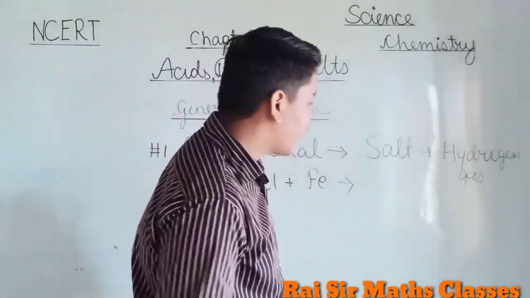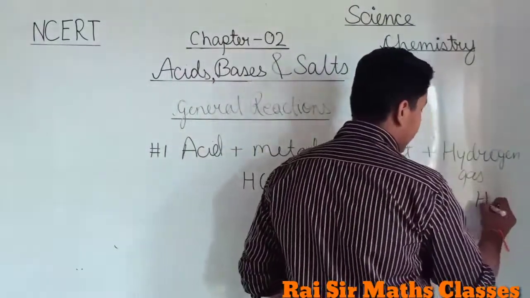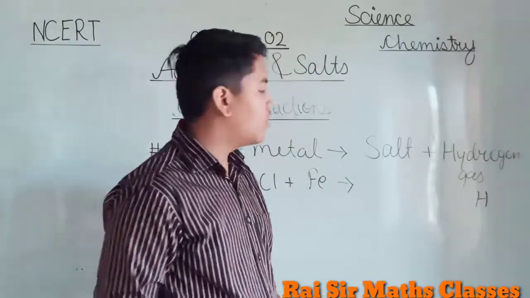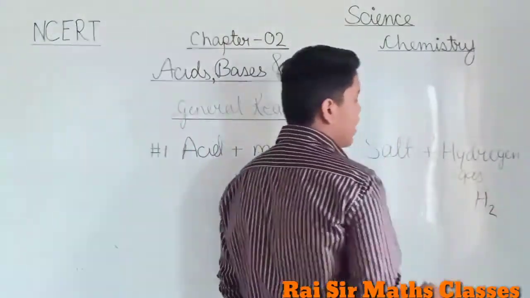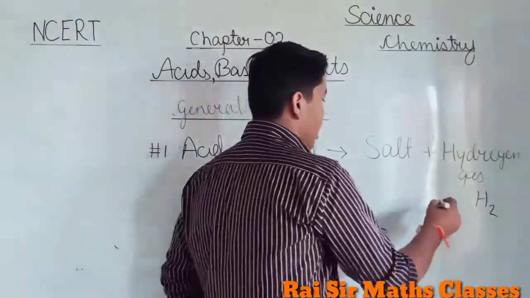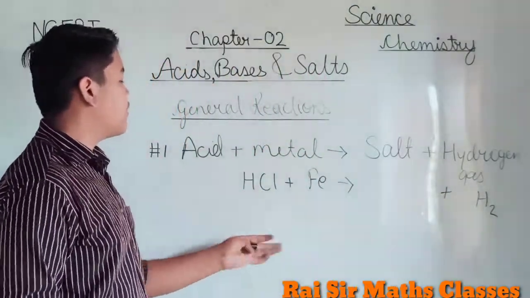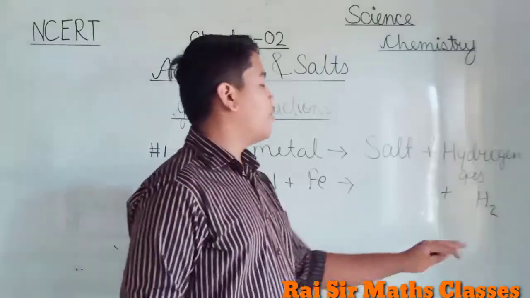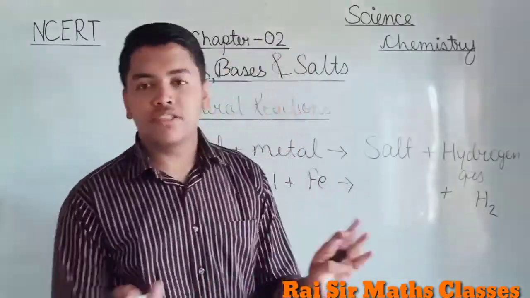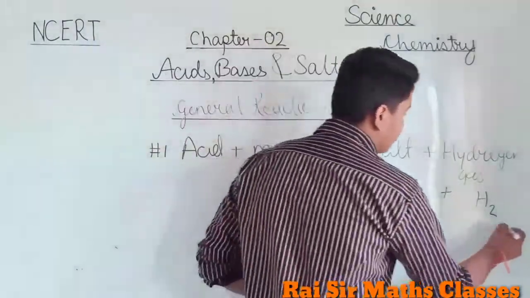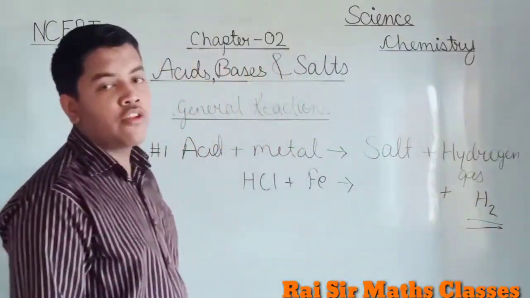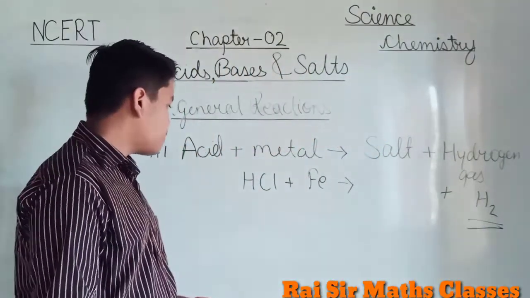Hydrogen is a single molecule H, and if we write 2 here, it becomes hydrogen gas, H2. Just remember this, as it will be asked in your exam. So one component will be hydrogen in molecular, or gaseous, form.